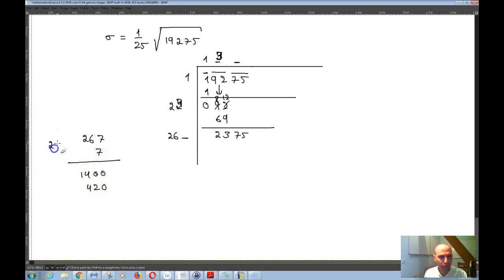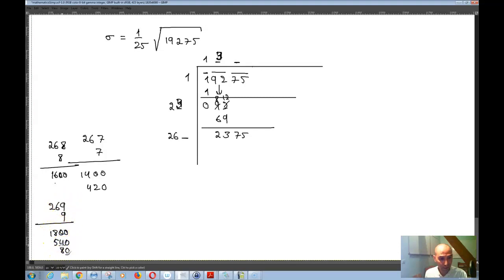268 times 8 is equal to 1600, and you have 480, that's around 2000. 269 times 9, you'll get 1800 there, and 540 there, and around that 80 over there.